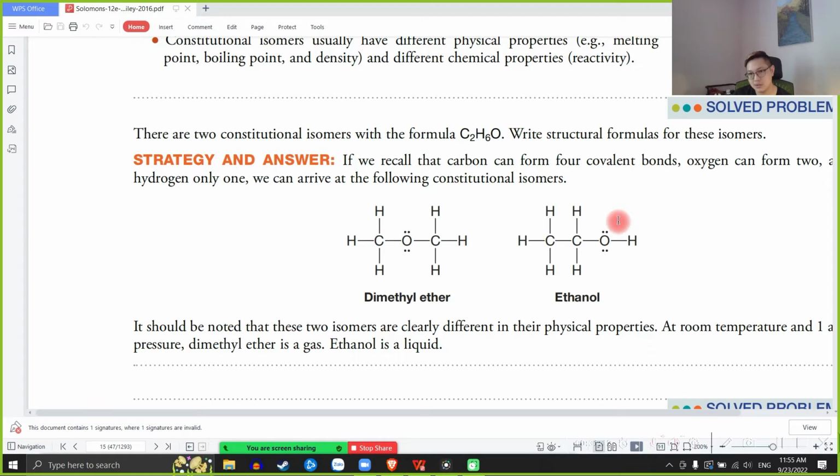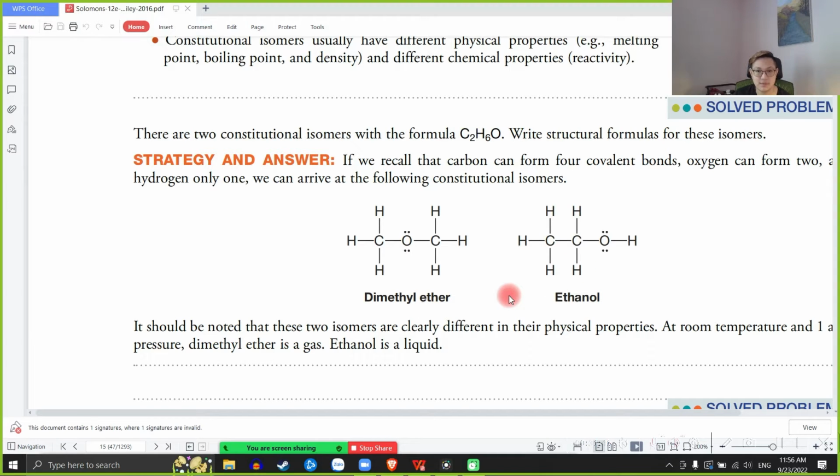So that OH can form hydrogen bonds with other molecules, right? But for dimethyl ether, that oxygen is not bonded to any hydrogen at all, isn't it? Its ability to form hydrogen bonds is limited compared to the ethanol case.